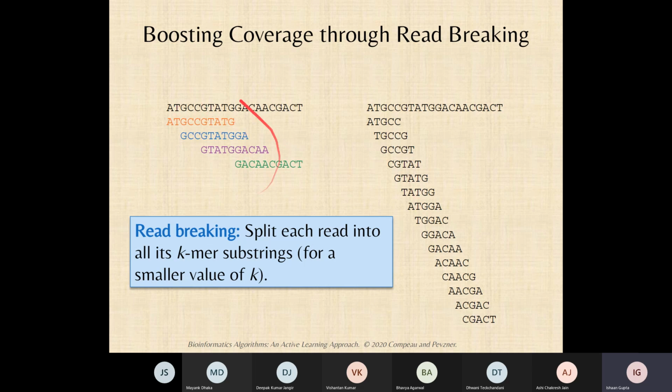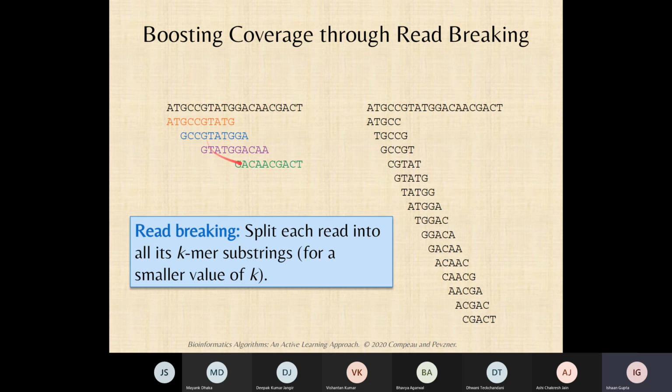So when we talk about the 10-mer composition, the entire 10-mer composition is not present here. But when you do this read breaking, instead of making a graph with 10-mers, you make a graph with 5-mers, and then you see that all the 5-mers are present. So the 5-mer composition of this DNA string is complete.